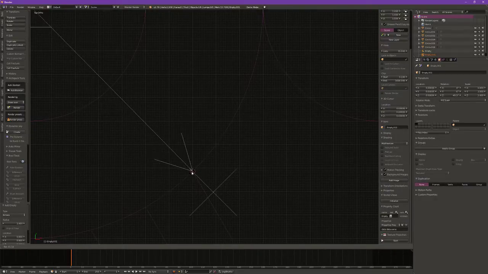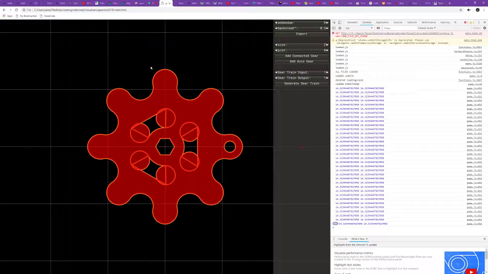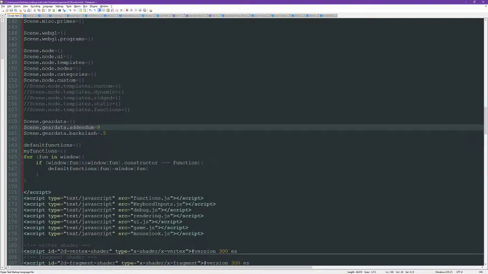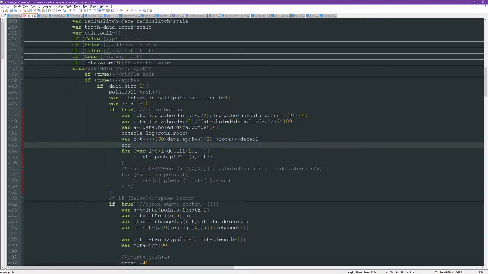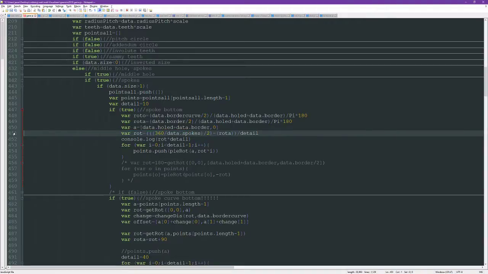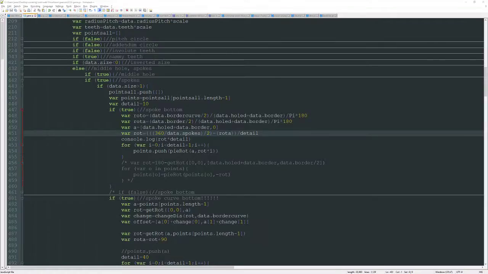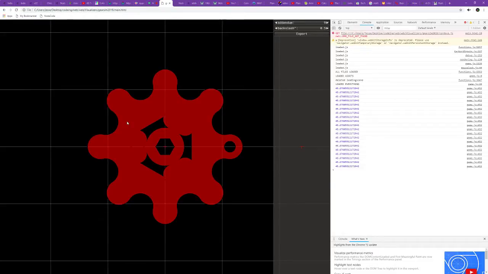Okay, so that rotation, 45.54. What is that? That should be this without the detail thing. 45.67.